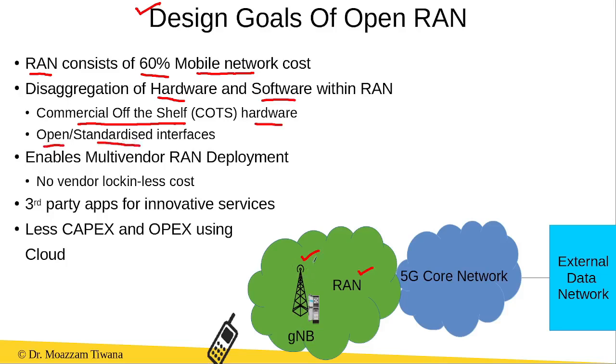That means that you can take different components of the GNB from different vendors and you can build your GNB. So this reduces the cost because of the competition between different vendors, and furthermore you are also saved from the vendor lock-in. That means that you are not forced to buy the whole GNB from a single vendor.